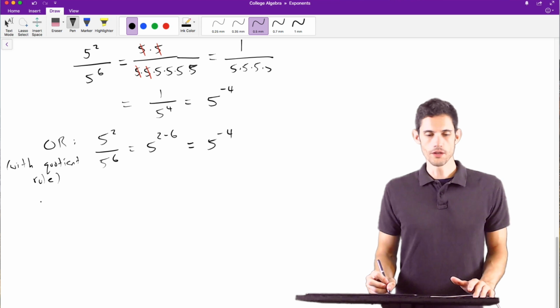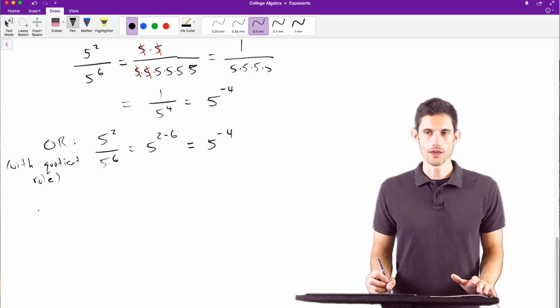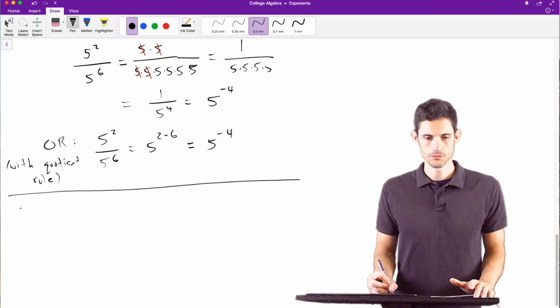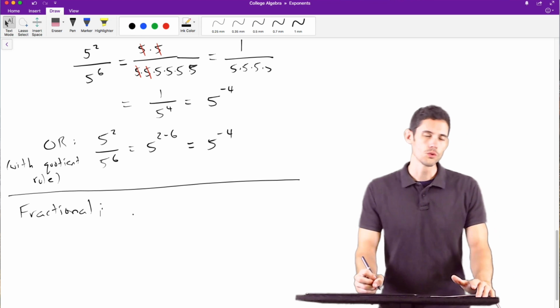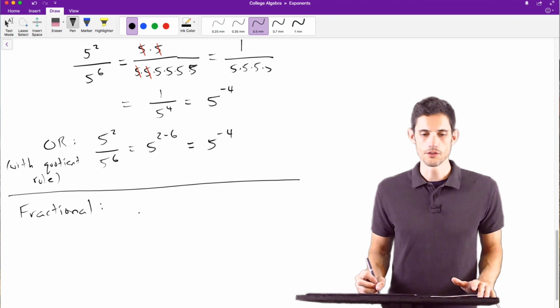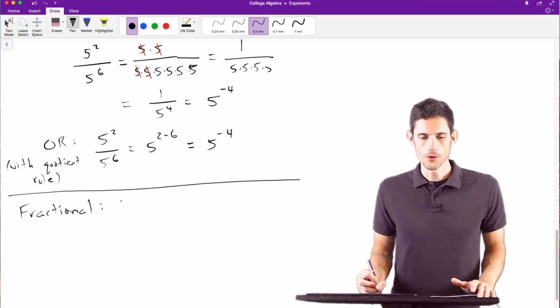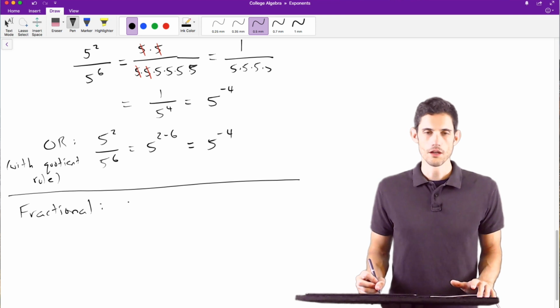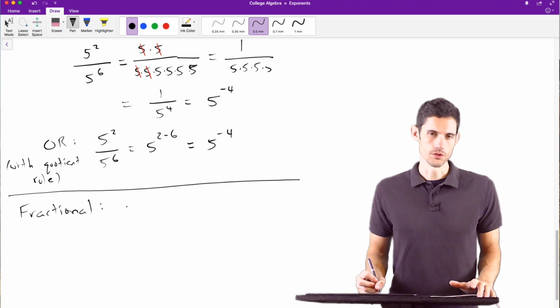So another way to use the power rule is with a fractional exponent. Let's talk about those. A fractional exponent is more commonly seen as a radical. If you just think about a square root, that's actually a 1/2 exponent, and that's a second root.